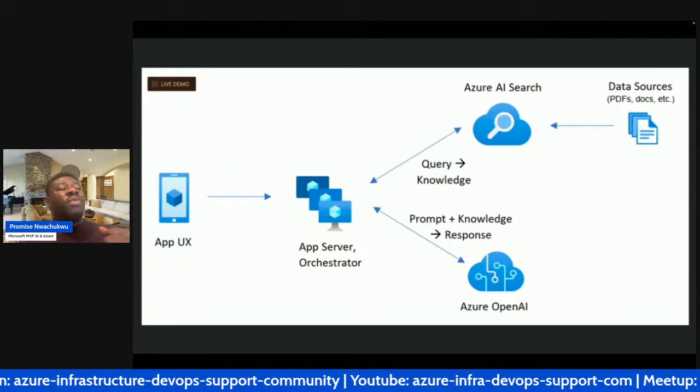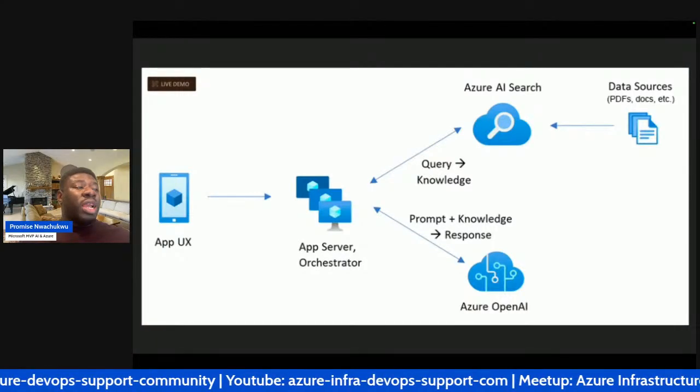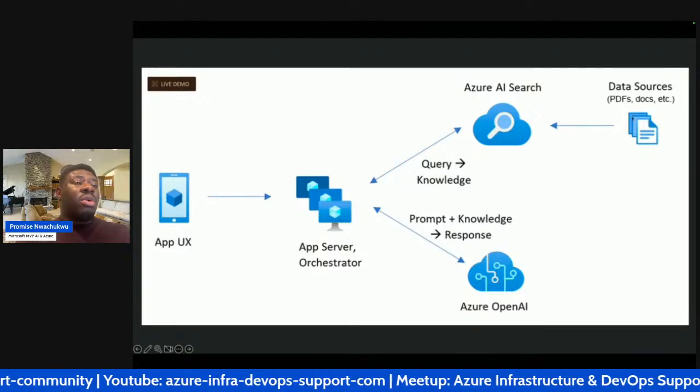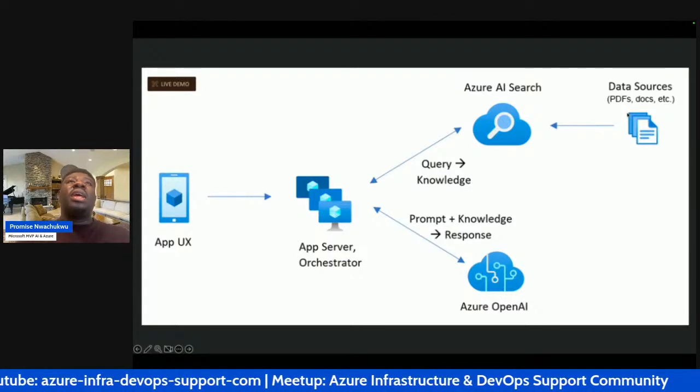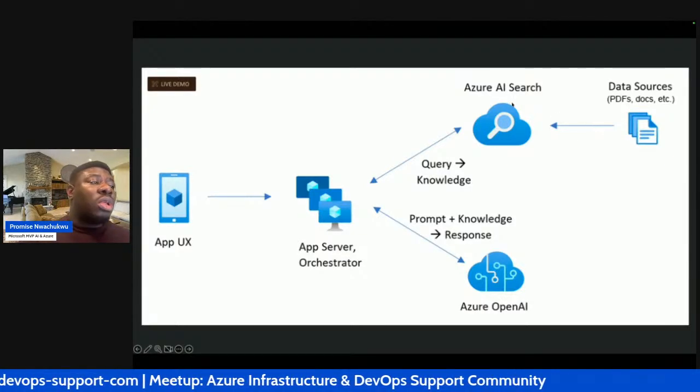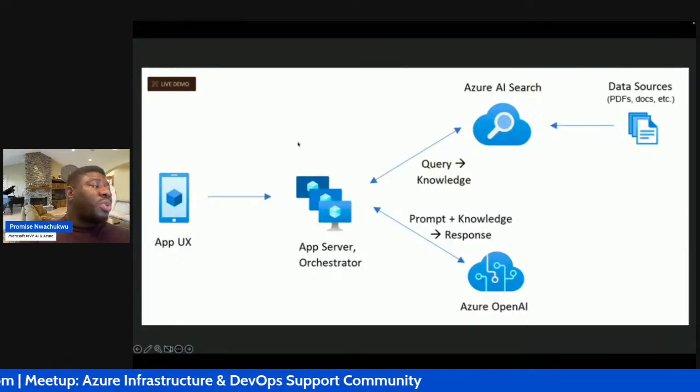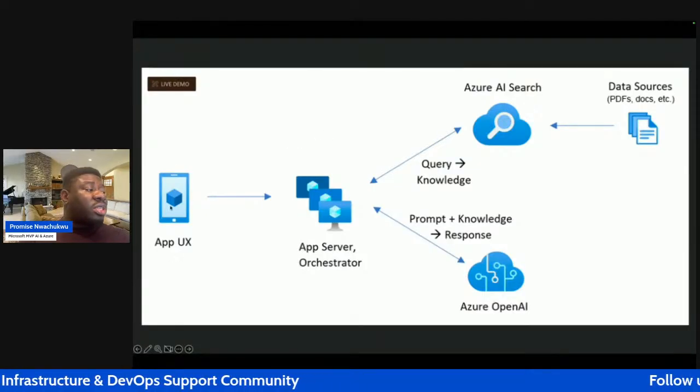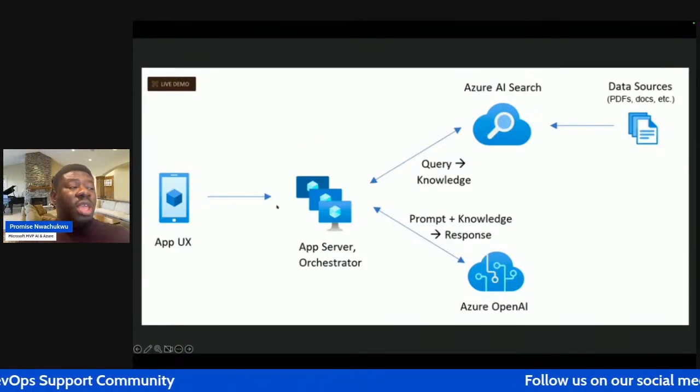So, say for instance, we have loaded files or documents that we would need into the Azure AI Search. A user comes in, connects to this app UX, and tries to make a query.